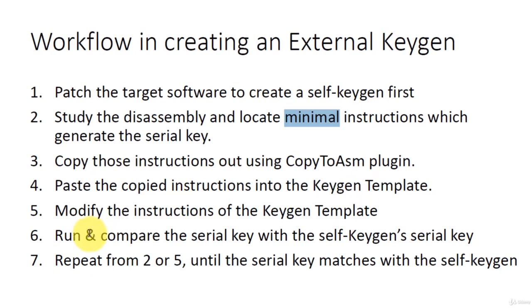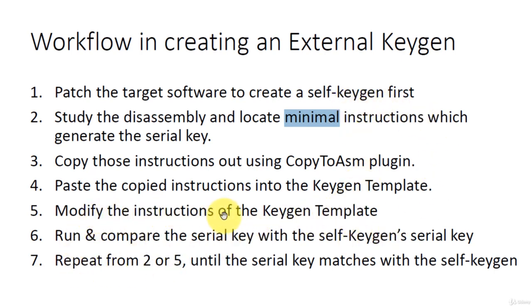Step 5. Modify the instructions of the keygen template. You will need to modify the variable names, the addresses, and a few other things as well. Step 6. Run and compare the serial key with the self-keygen serial key. So this is where the self-keygen becomes useful.